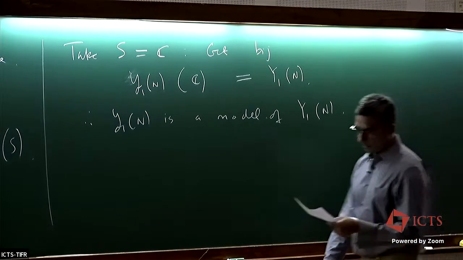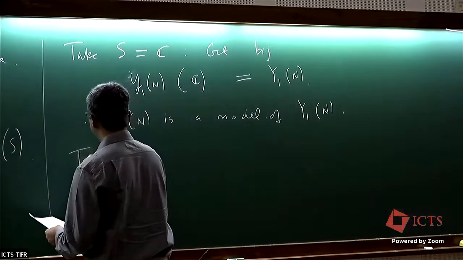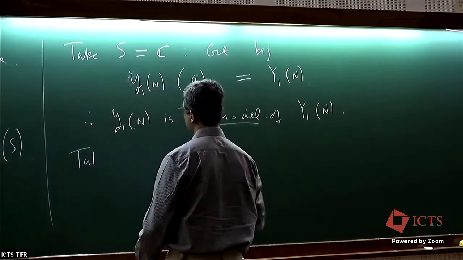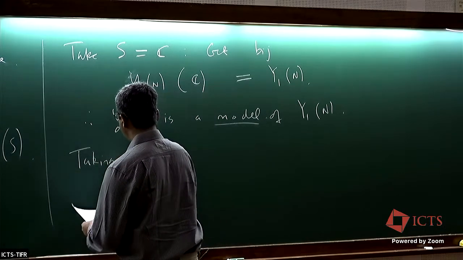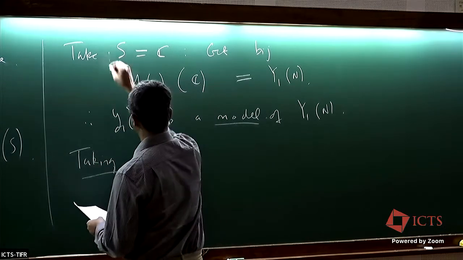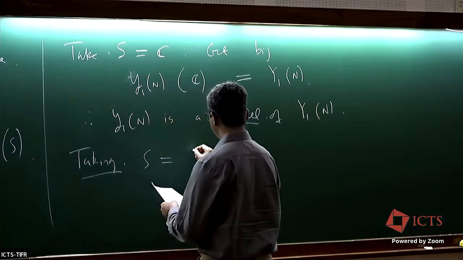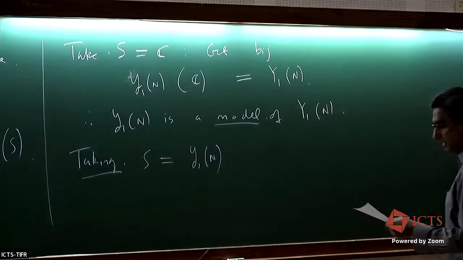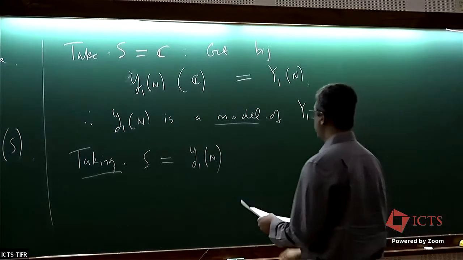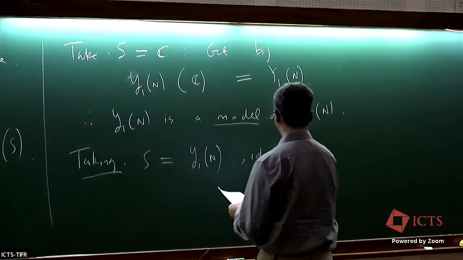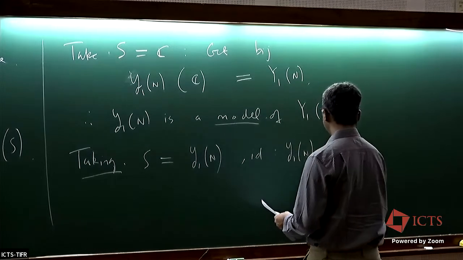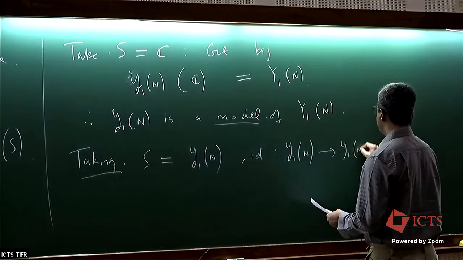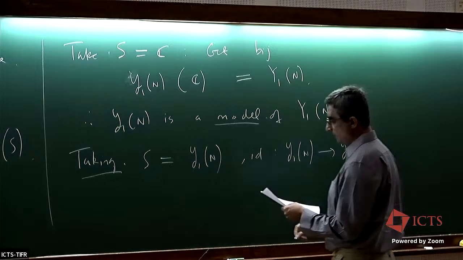Okay, and one more remark. Taking S to be the other extreme case, what if you just take S to be Y1n itself, and you take the identity morphism in the Hom space, which corresponds to a particular elliptic curve?